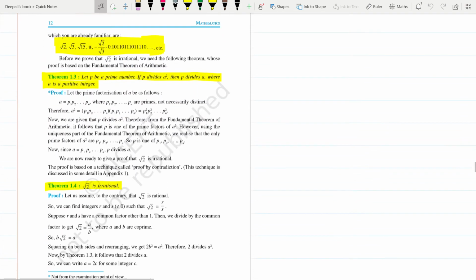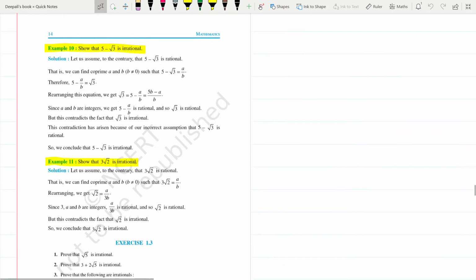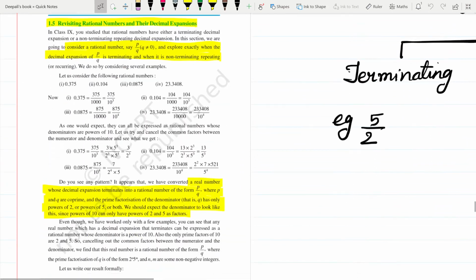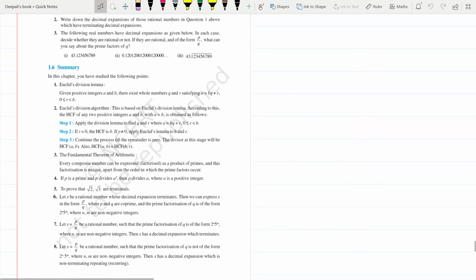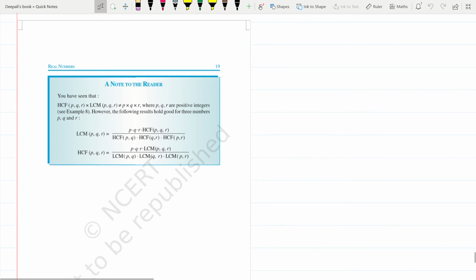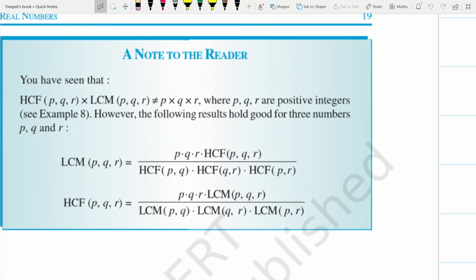Yes. Now we have one more formula to be studied. In case we have three numbers, can this formula be applicable? Yes, it can be applicable. Let us see that formula. Now, for the LCM of three numbers, HCF of p, q, r into LCM of p, q, r will never be equal to the product of p into q into r, where p, q and r are positive numbers.